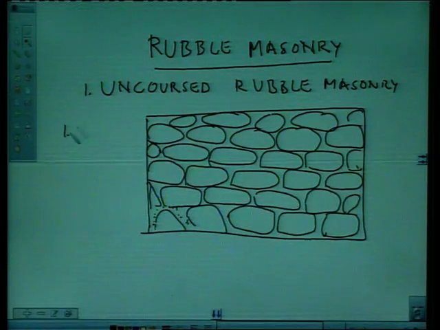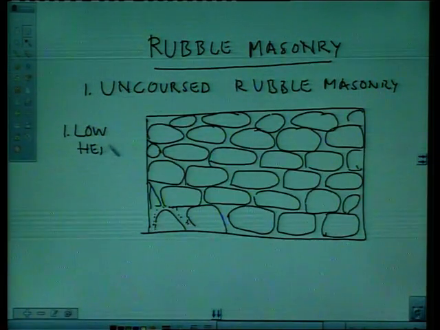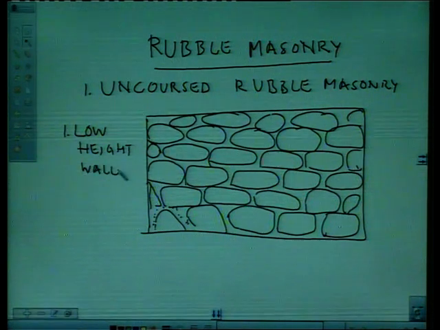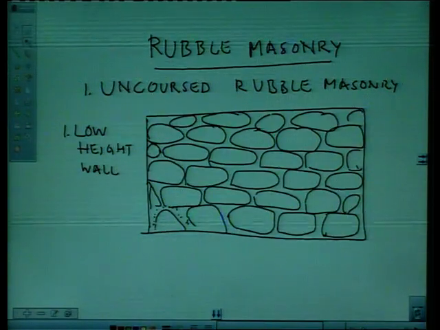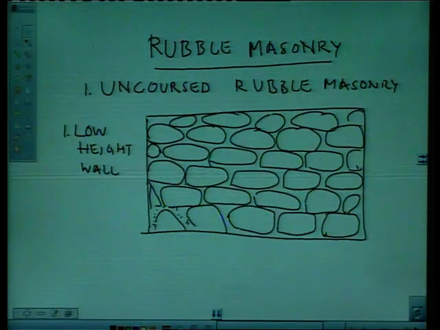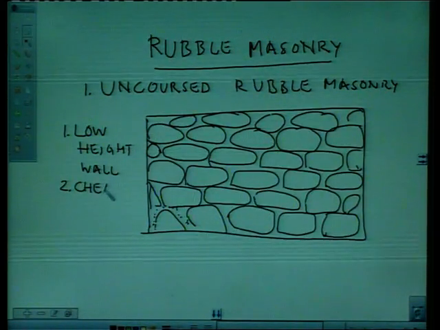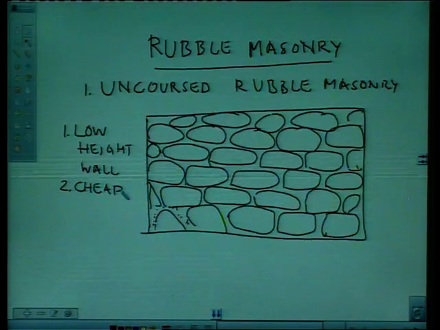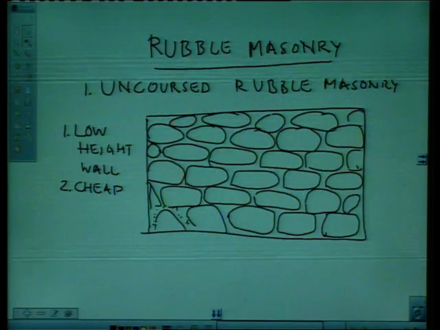So, if small walls are to be constructed, then rubble masonry is used. This is roughest and cheapest. So, this is a cheap type. Small amount is paid for this one. In this corners are not made.